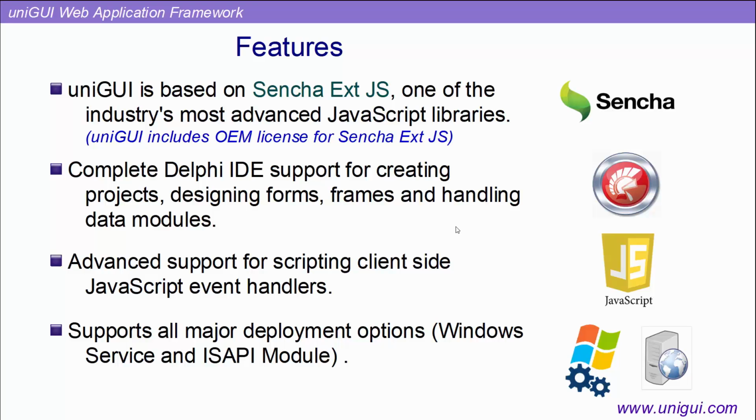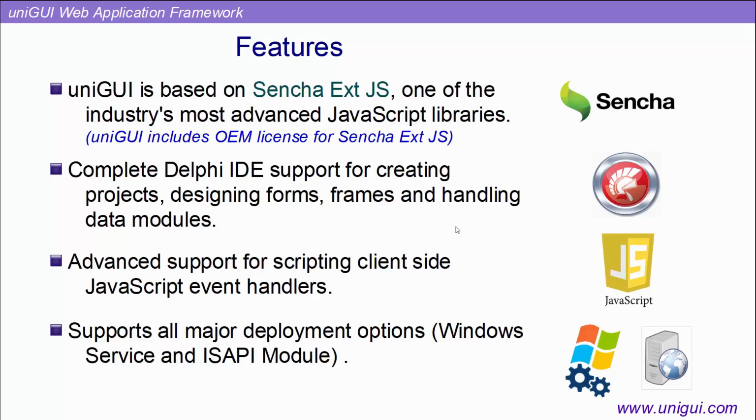In this case, UniGUI allows you to write custom JavaScript code and handle events directly on the client side. This advanced feature enables you to handle ExtJS events and perform certain tasks on the client side.